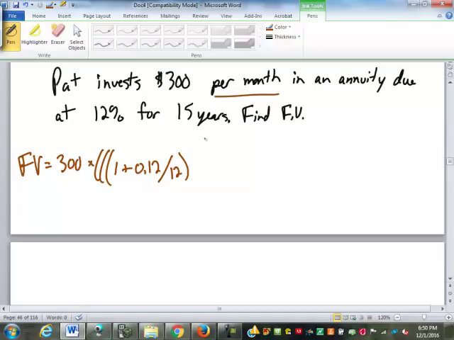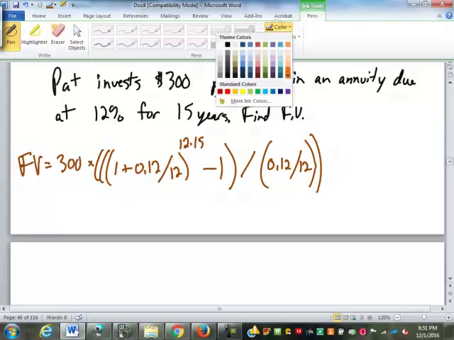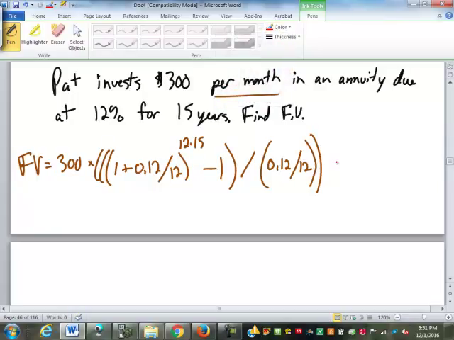So the power of 12 times 15, or 15 times 12, yep. Minus 1, close, divided by 0.12 divided by 12, close and close. That is all the same. That's the exact same formula we just used. The difference is we'll hit equals at that point.